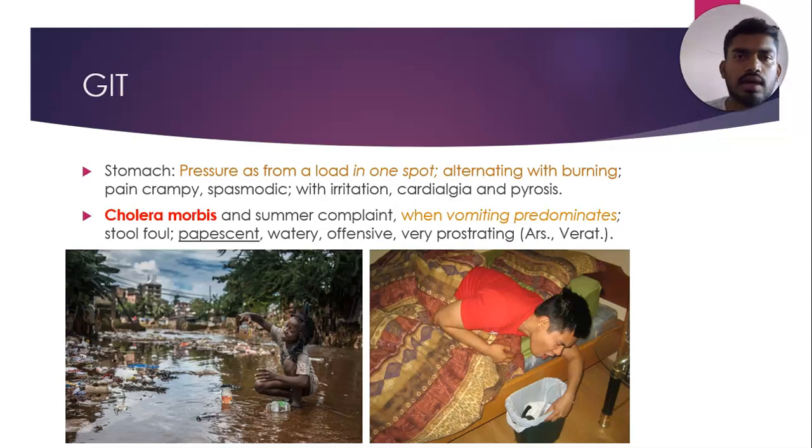Again, we know cholera has loss of fluid, so there is a kind of hypovolemic shock that can come if it is untreated. So I think this all makes sense, right? There is a lot of vomiting, and already there is diarrhea. Now how cholera happens is initially they have diarrhea followed by vomiting. Usually the diarrhea is painless.